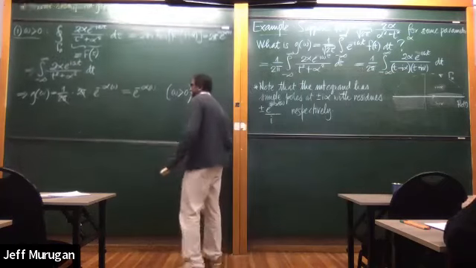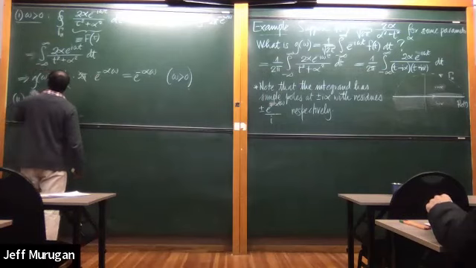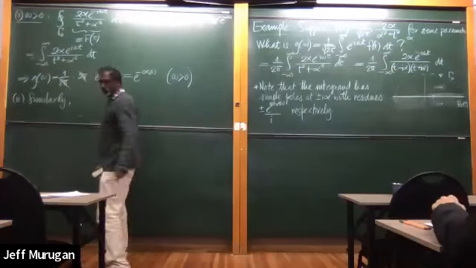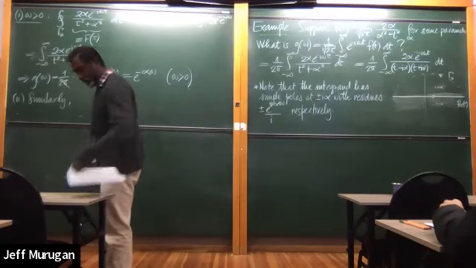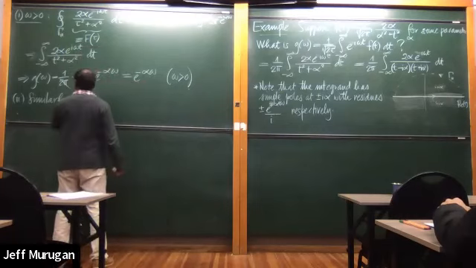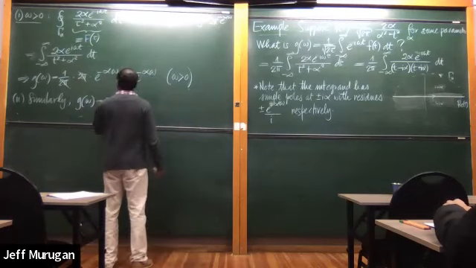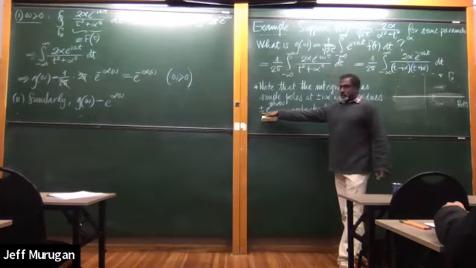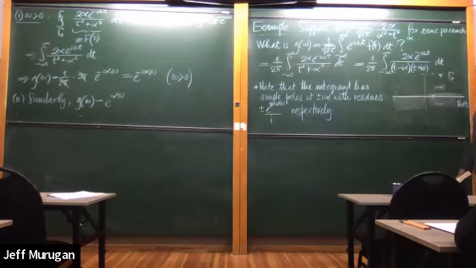Similarly, you can show that g of omega, when omega is less than 0, is equal to e to the plus alpha omega, because there's a minus sign from here, but there's also a minus sign because you're going around the contour in a clockwise fashion.